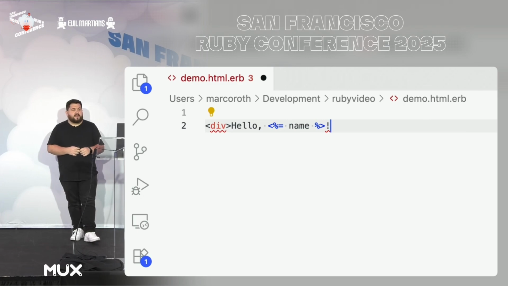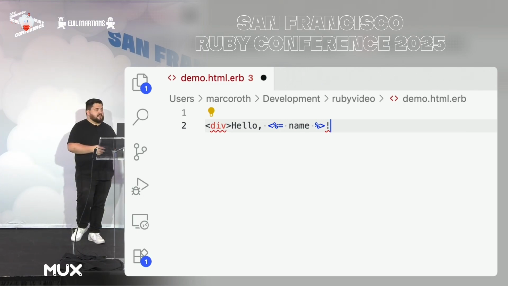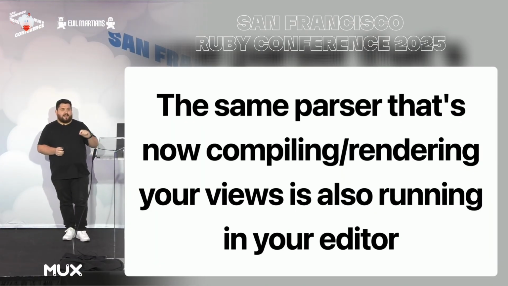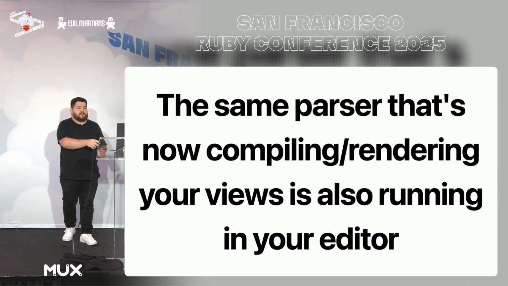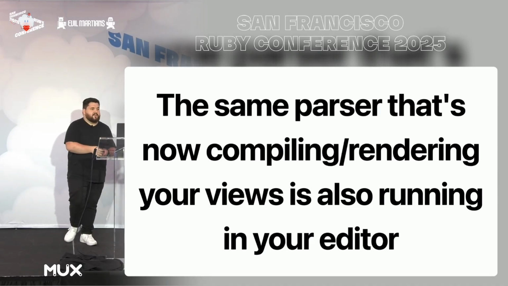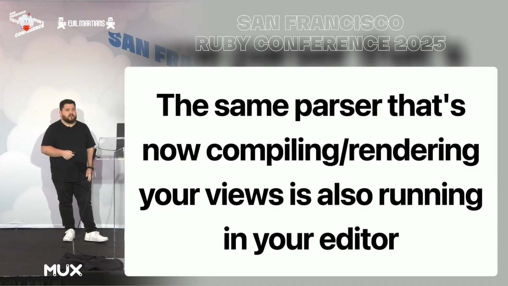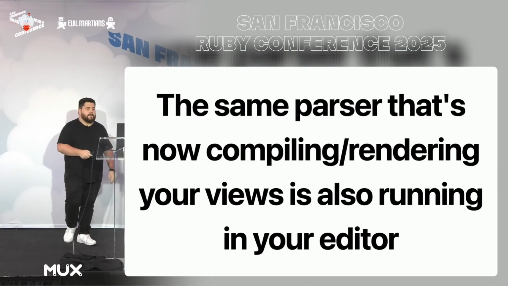And the kind of neat thing about this now is that if you have this in your editor, it's the same parser and pipeline understanding this. So you have the exact errors that the parser will give you, or I guess the engine will give you when you try to render it, but you have this all right in your editor, and you don't have to worry about going to the browser, reloading the page, and seeing what's wrong. So it will tell you right away.